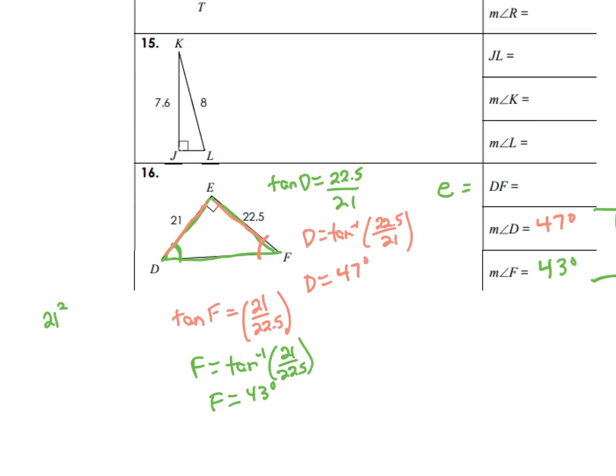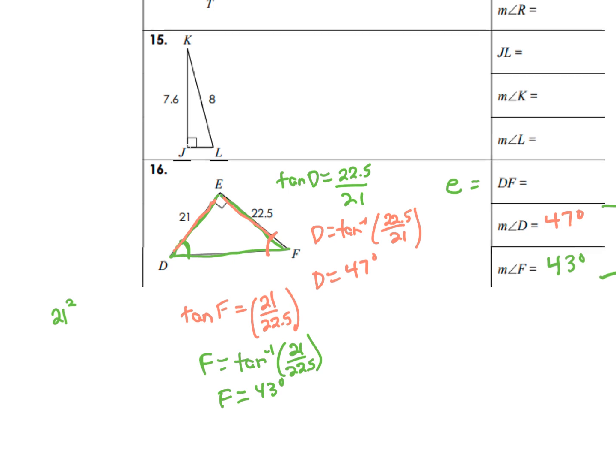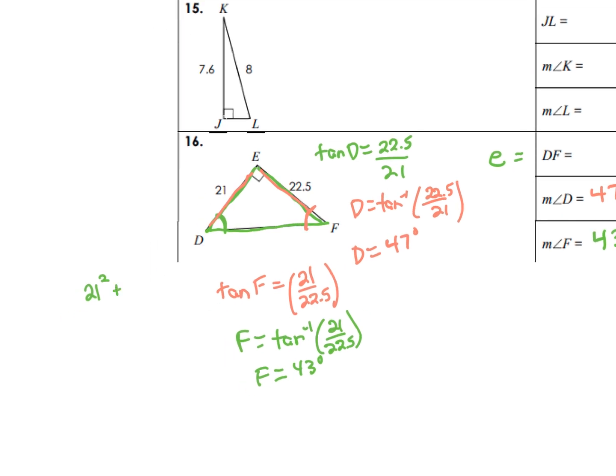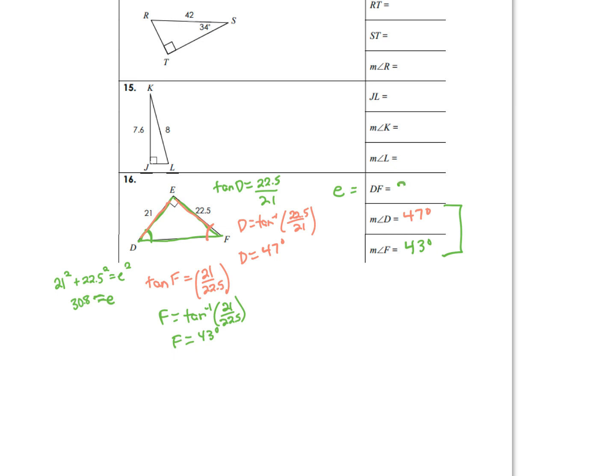We're given those sides so we can find the other. We do have to use those in order to get that last side, side E. So 30.8 approximately. Sounds good.